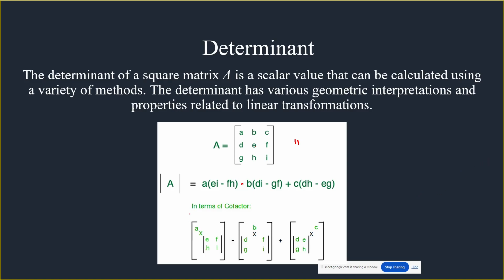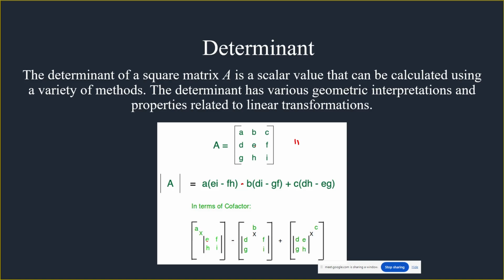In terms of cofactors, how can we find the cofactors? The element which is multiplied, with its first row and first column cancelled, and the leftover elements are called cofactors. As we know in matrix multiplication, we multiply in a cross pattern.